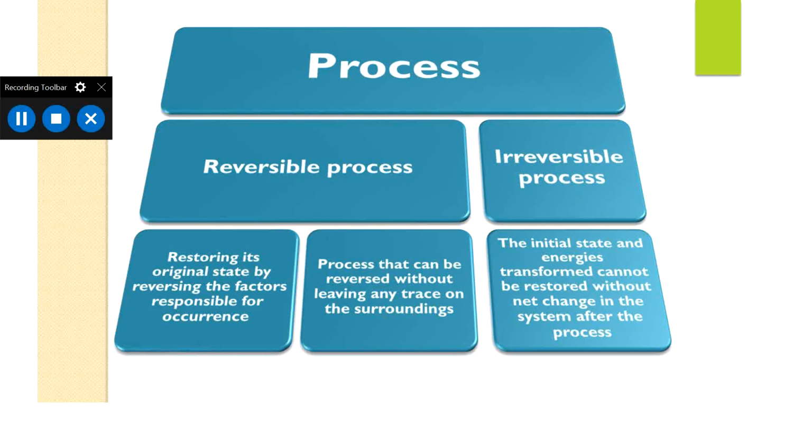All the things that have been changed come back to their original state. It is a process that can be reversed without leaving any trace on the surroundings. All reversible processes are ideal processes. All actual processes are irreversible processes.